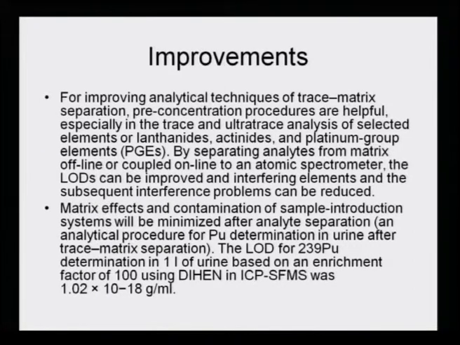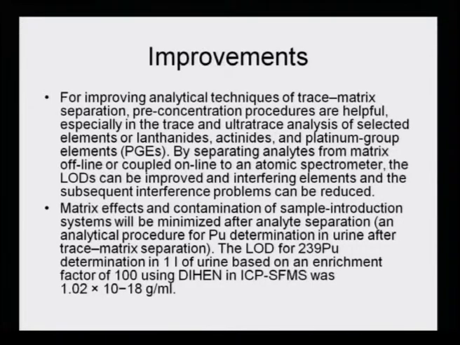After analyte separation, consider an analytical procedure for Pu determination in urine after trace matrix separation. The limit of detection for 239Pu determination in 1 liter of urine, based on an enrichment factor of 100 using DIHEN in ICP-MS, was 1.02 × 10^-18 gram per ml.